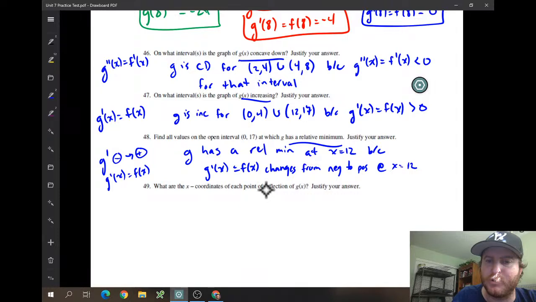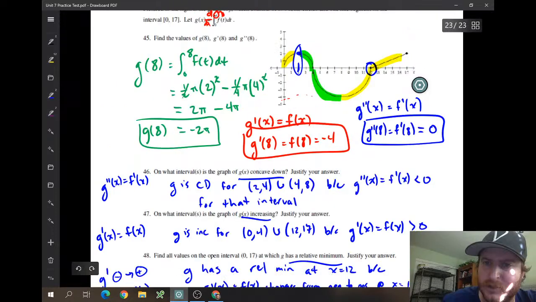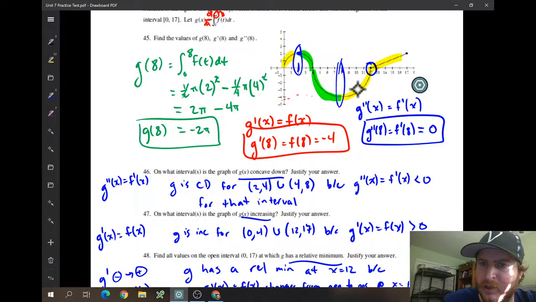Well, if we look at this, it's increasing, then we decrease, then we increase again, and we increase again. So where does the slope change signs? The slope changes signs at 2 from increasing to decreasing, at 8 from decreasing to increasing, and that's it, right?